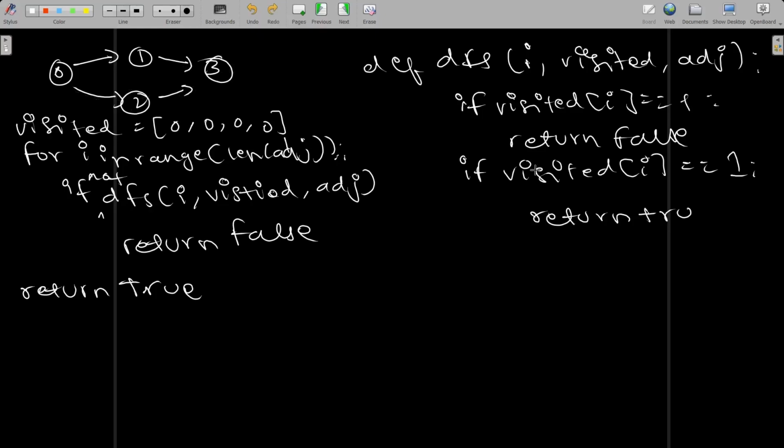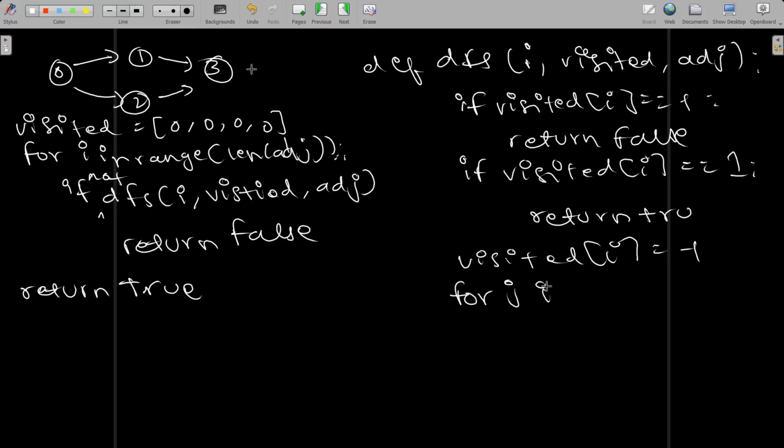Okay. Now what we'll do is if you're visiting it for the very first time, we'll change it to visited of i equal to -1. Okay, simple. Now we're going to perform a DFS on all the nodes in the adjacency list of our current node, right?